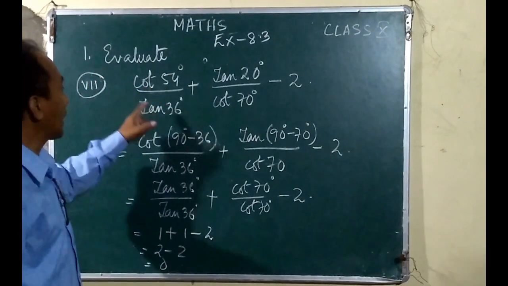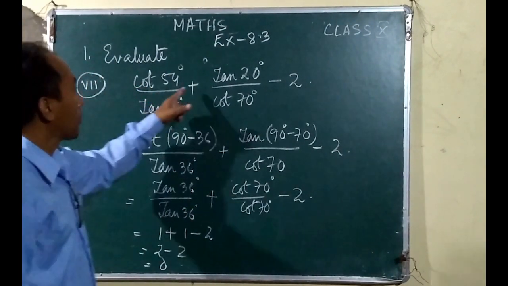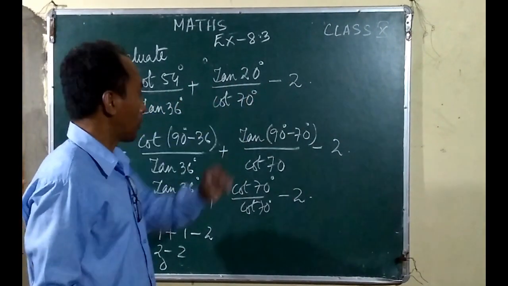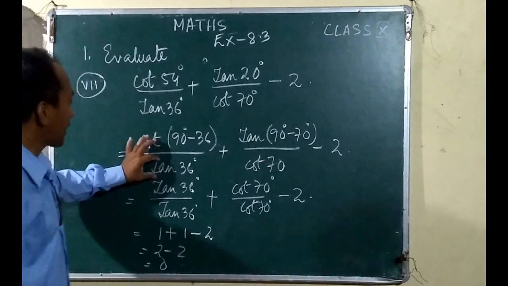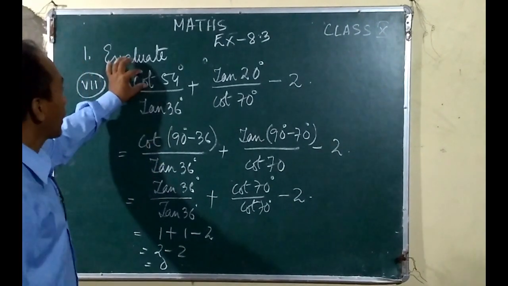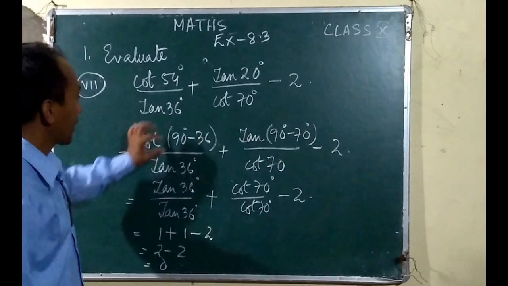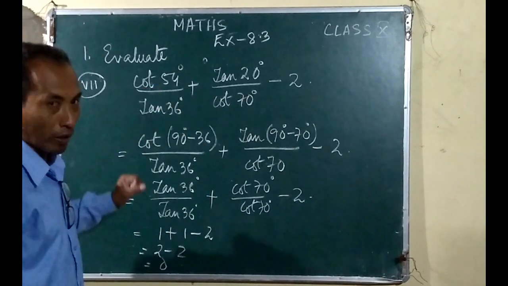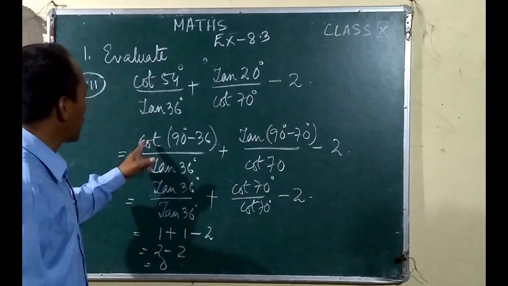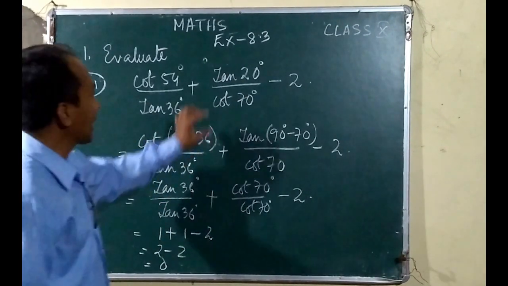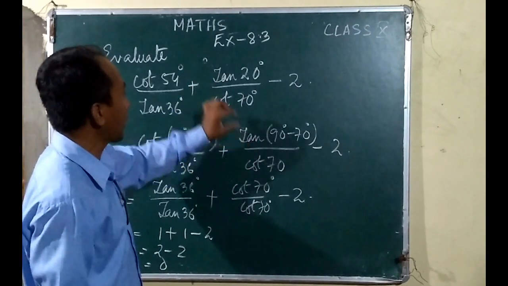Question number 7: cot 54 degree by tan 36 degree plus tan 20 degree by cot 70 degree minus 2. Keeping tan 36 degree constant, I'm converting cot 54 into cot 90 minus 36. 90 minus 36 is 54. So this becomes the formula of cot 90 degree minus angle A. Similarly, I'm keeping cot 70 degree fixed.